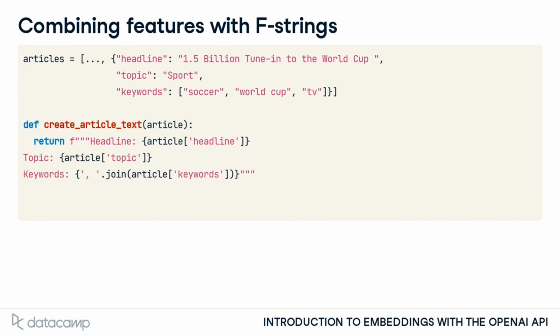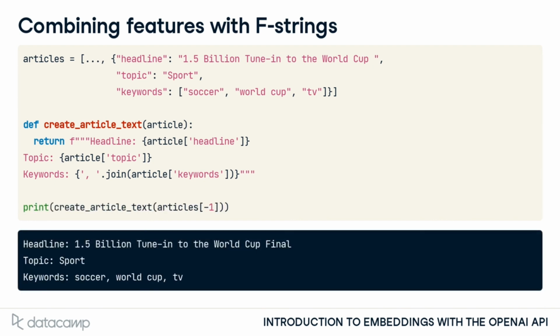To convert the keywords list into a string, we use the join method, which joins the content of the list together into a single string. The method is called on the string we want to delimit each keyword with, in this case, a comma and space. Calling the function on the final headline shows the text in the desired formatted string.